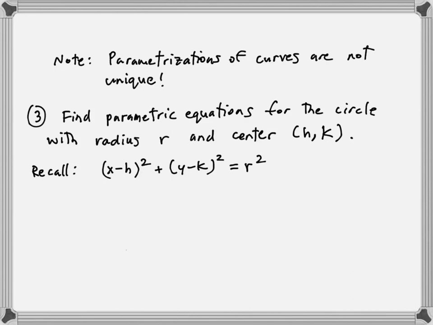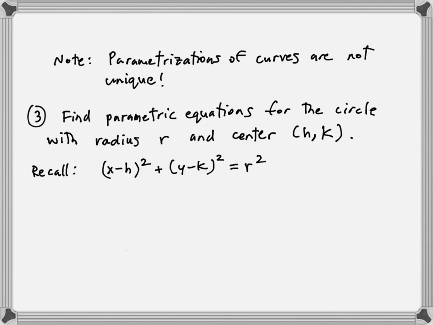So what is the trick here? The trick is to realize that this is going to have the exact same equations as before. We just need to make an adjustment. There are 2 adjustments to make, right? First of all, we want this thing to have radius r, not radius 1 like the unit circle. And also, we want to translate where these things are, right? That's the whole point of the (h, k).